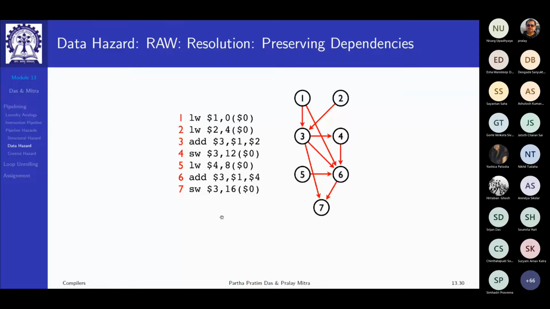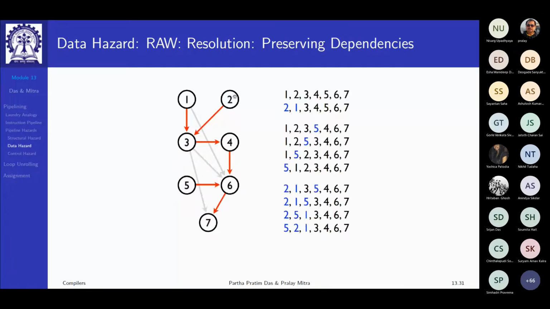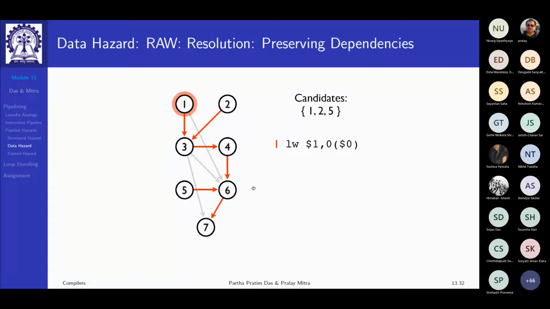So let us try to work this out. This was the original sequence of instructions and the DAG. This is the total possible number of schedules. So initially we start. Now initially there are 3 candidates, 1 to 5, because they have no dependency. Of that we can see easily that the load satisfies all the conditions. It does not conflict. It is first of a pair, and it is farthest.